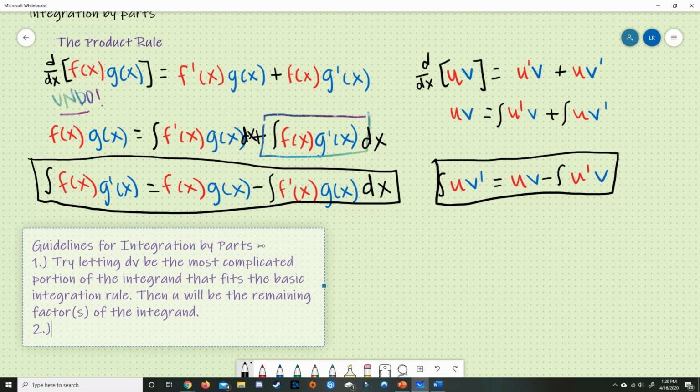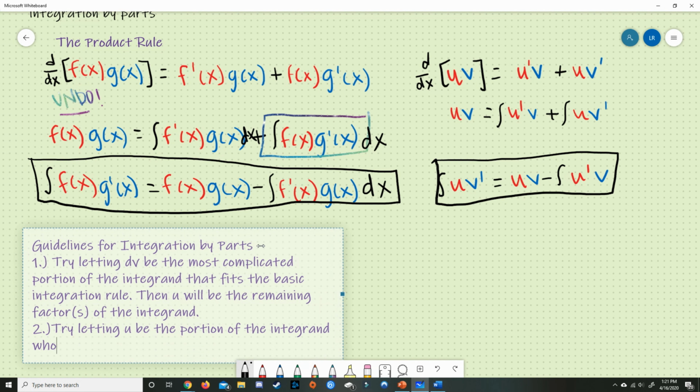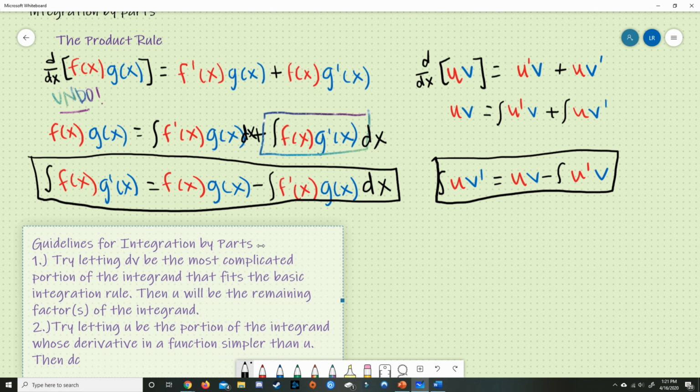Second guideline is try letting u be the portion of the integrand whose derivative is a function simpler than u. Then dv will be the remaining factor.